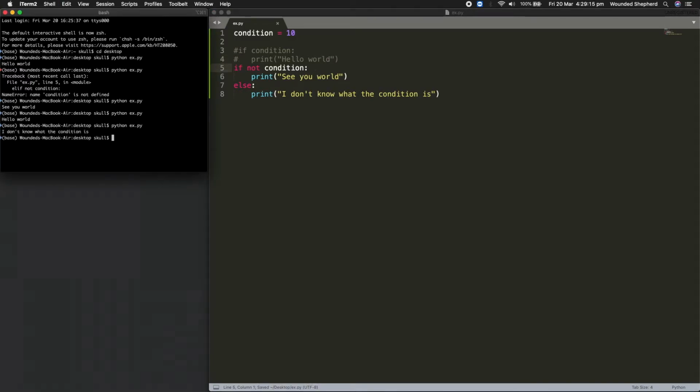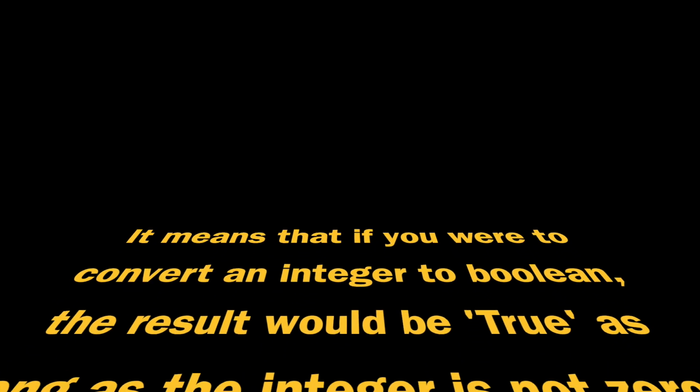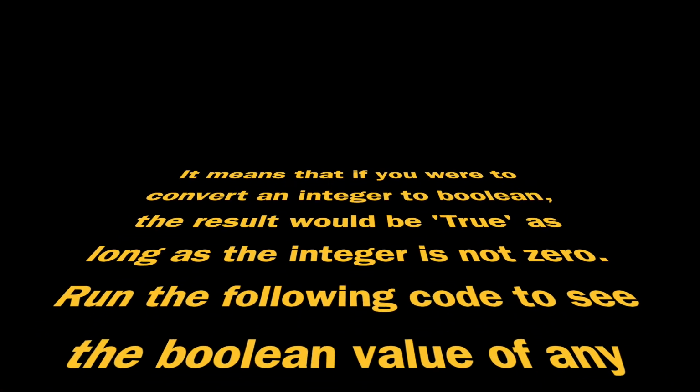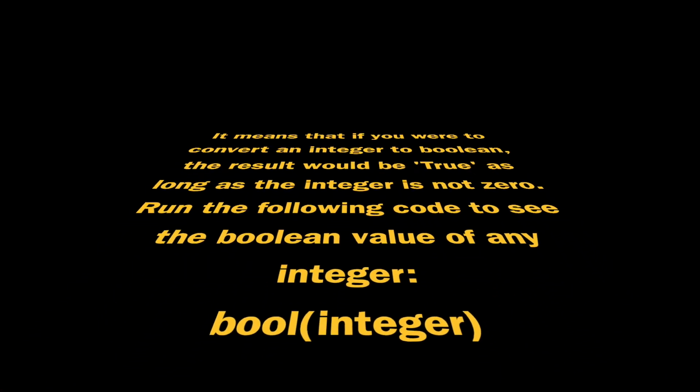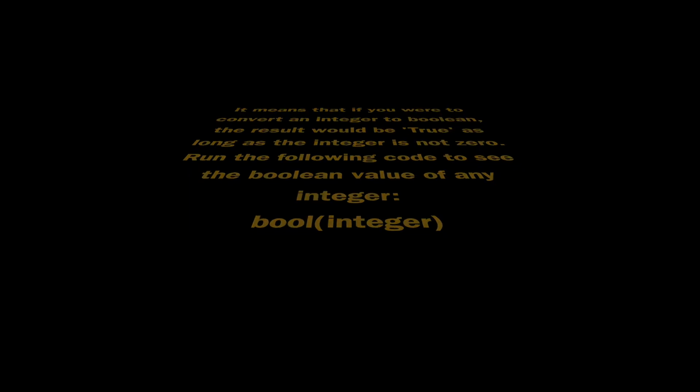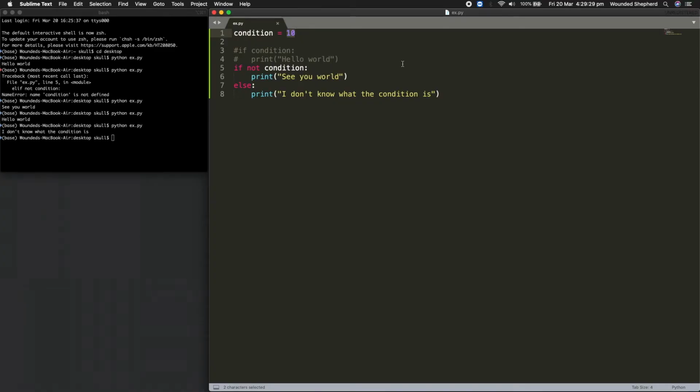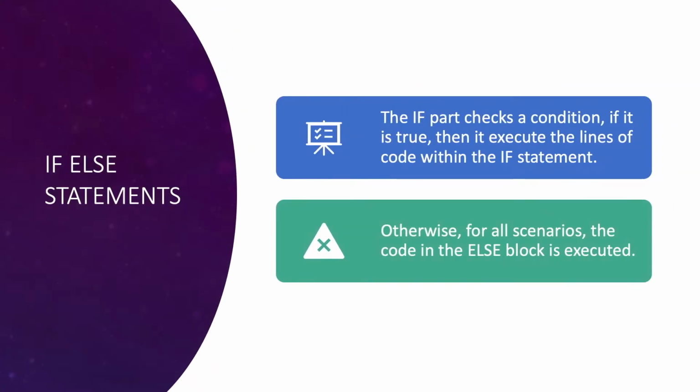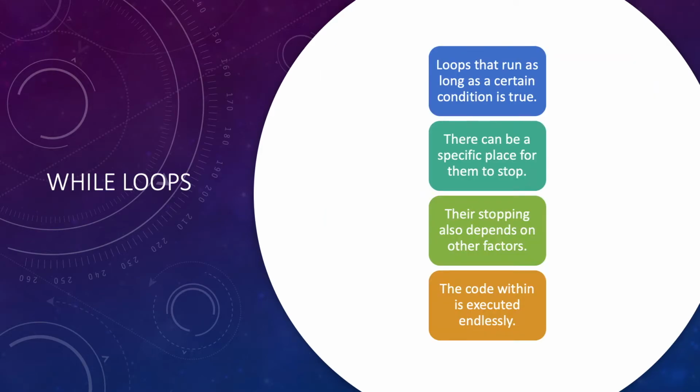That should work now. So it printed out hello world earlier because anything which is not false is true in Python. Hope that makes sense. So for if-else statements, this is the syntax.